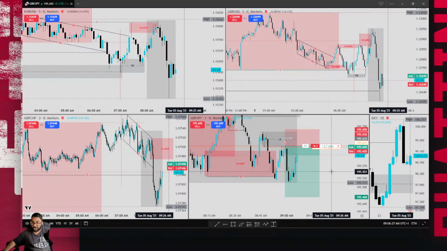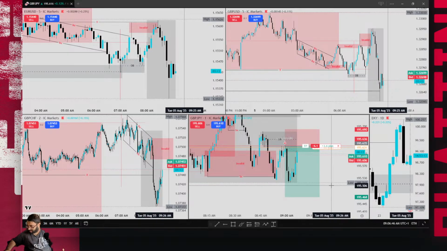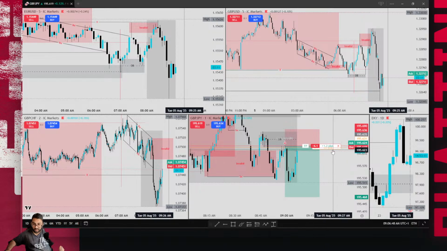I want it to reject from this zone. I don't want it to tap into that supply zone and then reject. On the Funded Next account, I made like $20-$30.